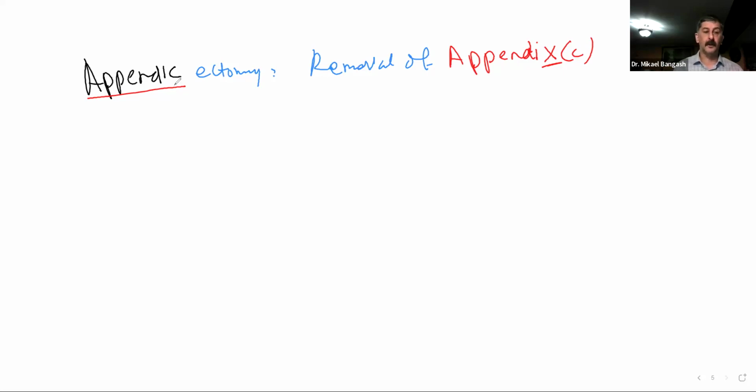So it's not going to be appendixectomy. It's going to be appendicectomy with a C, although the name of the structure is called the appendix with an X.